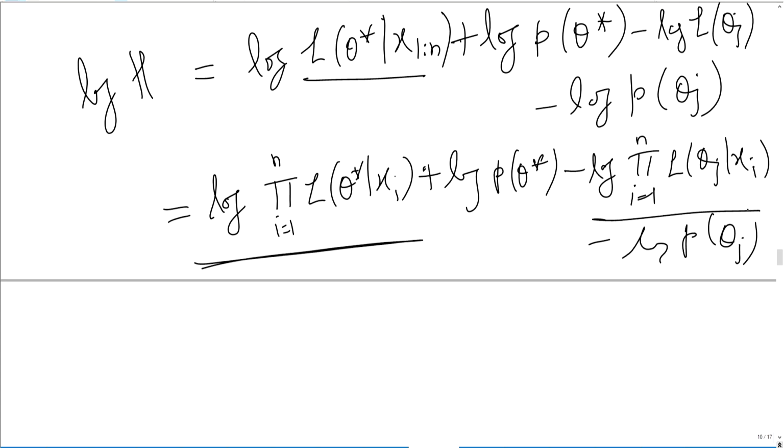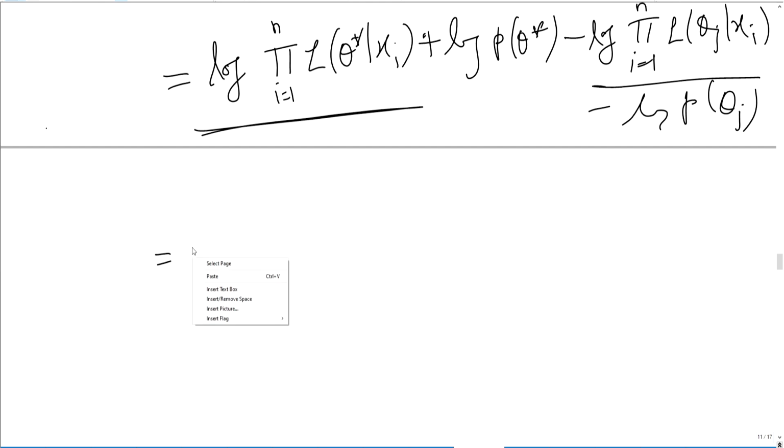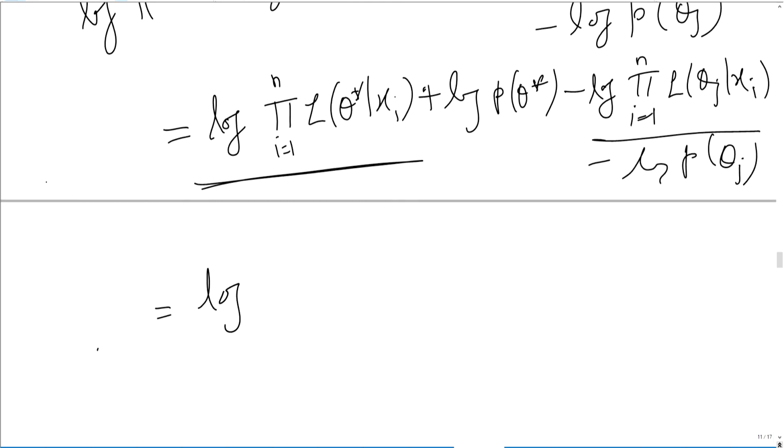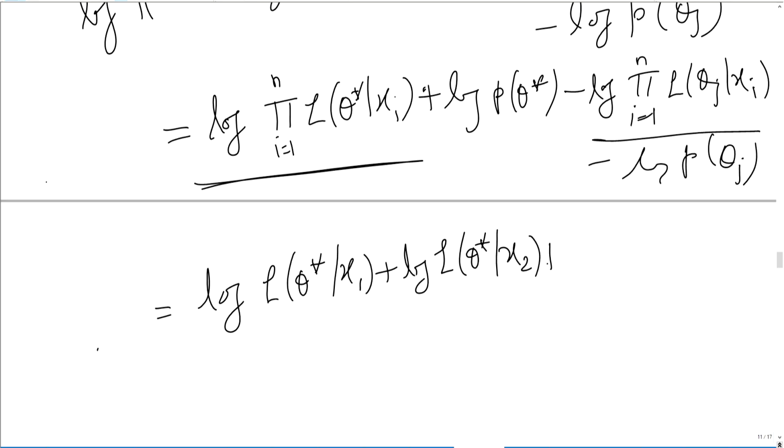Now, let us expand this term and this term. You are trying to take the log of a product of certain things, so log of a times b times c times d, and that can be written using the identity of logs as log of the likelihood of observing x1 plus log of the likelihood of observing x2 and so on. I have just expanded this term. So you can rewrite this whole expression like this.